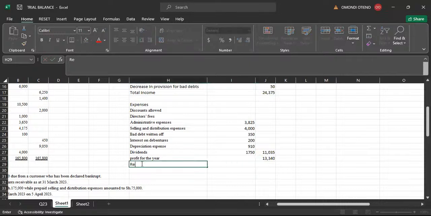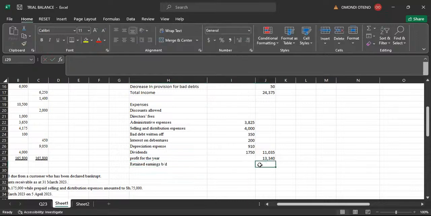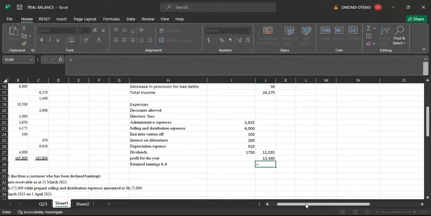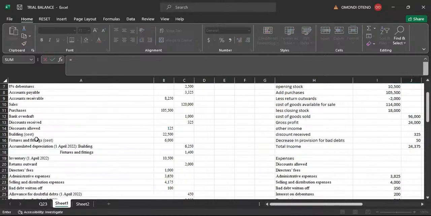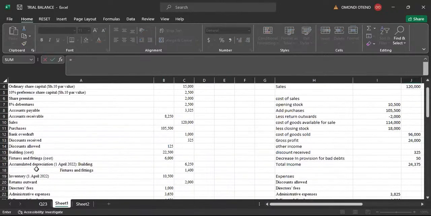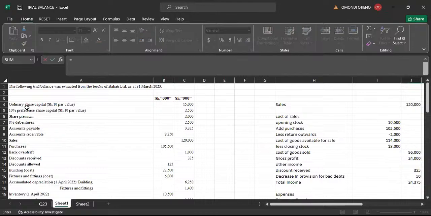Then we have retained earnings brought down. Retained earnings brought down. It was given to us somewhere here. Retained earnings brought down.